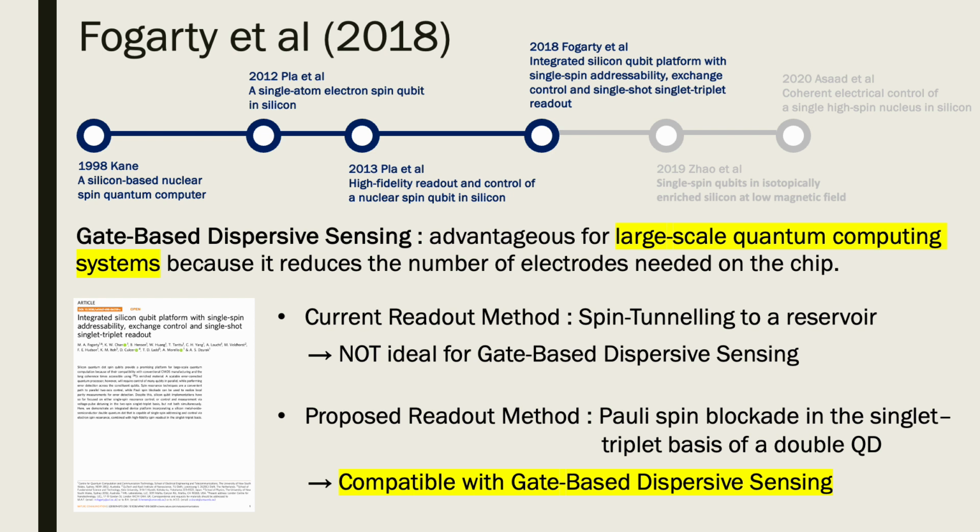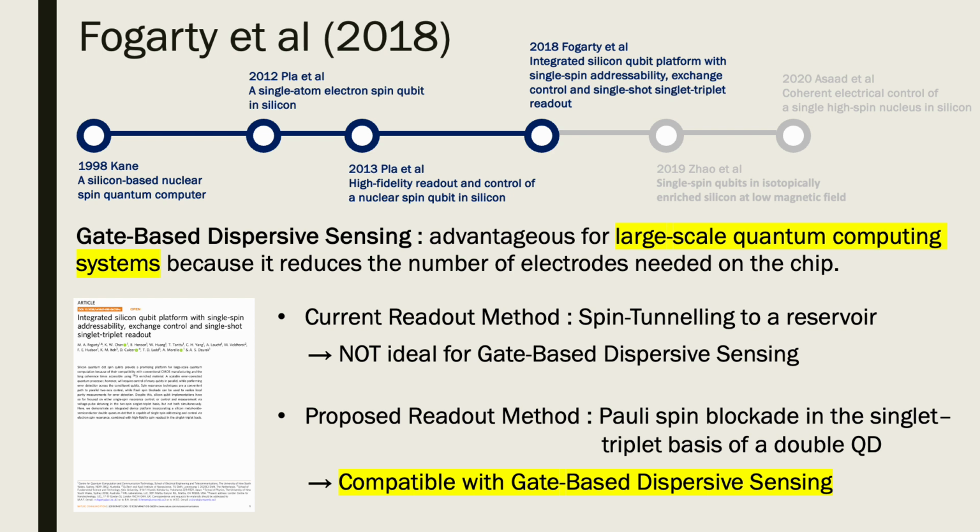While this reservoir-based readout approach is convenient, it's not ideal for gate-based dispersive sensing. As I mentioned, dispersive sensing is a method for measuring qubits indirectly without directly affecting them. This method is advantageous for large-scale quantum computing systems because it reduces the number of electrodes needed on the chip.